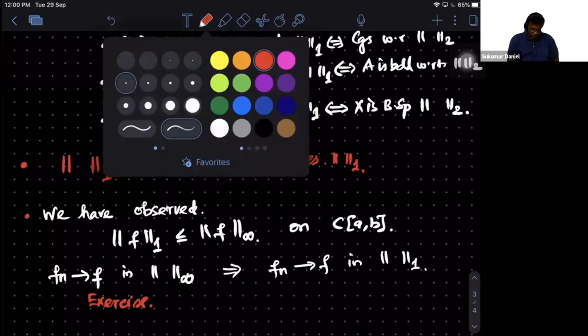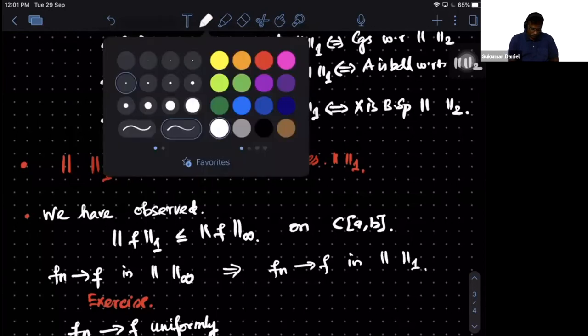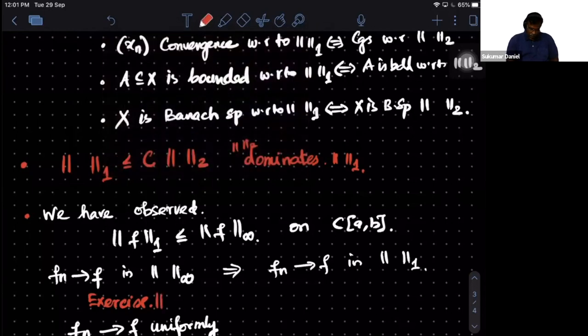It's the same as saying, in another language, whatever you learned, fn converges to f uniformly. You all agree? In fact, it is if and only if. Saying that fn converges to f in sup norm is the same as saying that fn converges to f uniformly.